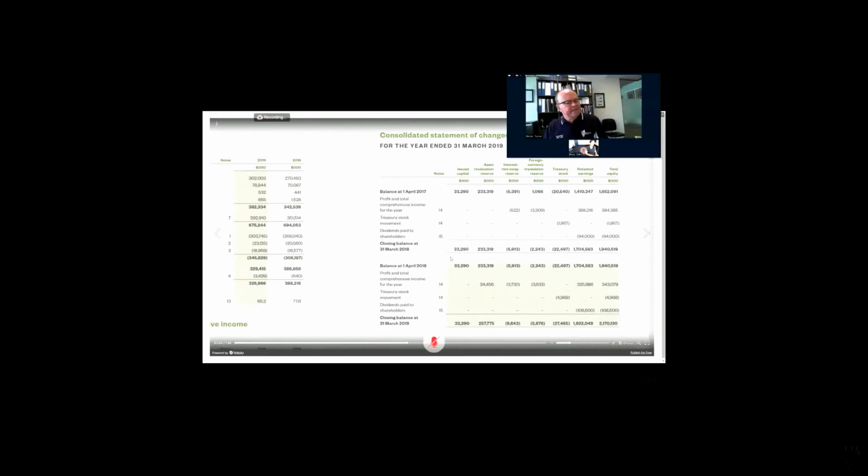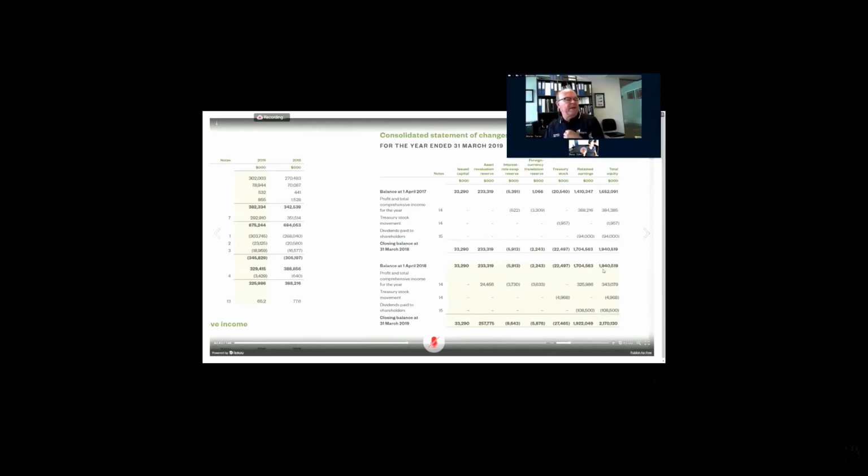And you can see here is last year's consolidated statement of changes in equity, and here's the current year one, and they've shaded it. For the bottom one, you can see there's the closing balance at the 31st of March 2019, and there's the opening balance. So for 2019, we're only looking at the total equity column.